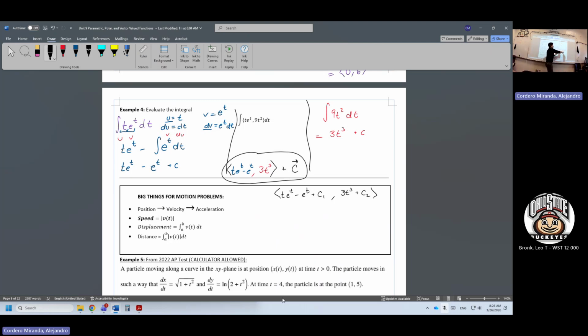But what I did is I took this plus C1 and plus C2 and made it its own vector off to the side. And so if you remember about adding vectors, what I wrote up there is the same as what I'm writing now, because that's what I called vector C.